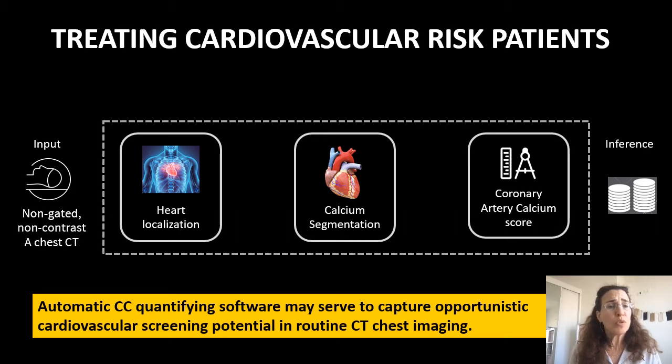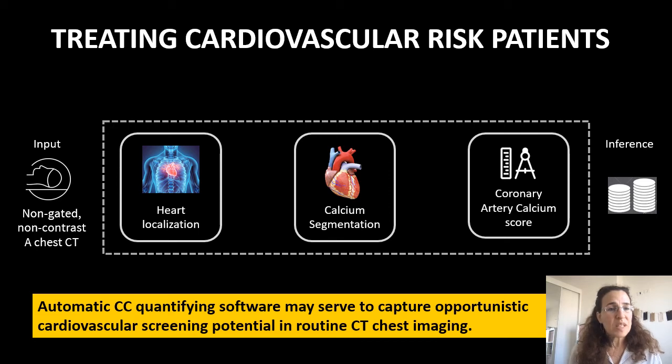We further took this device and applied it to 20,000 routinely acquired non-gated, non-contrast CT examinations. The radiology reports of these same CTs were reviewed for documentation of coronary calcium, and we compared the algorithmic results with this reporting.